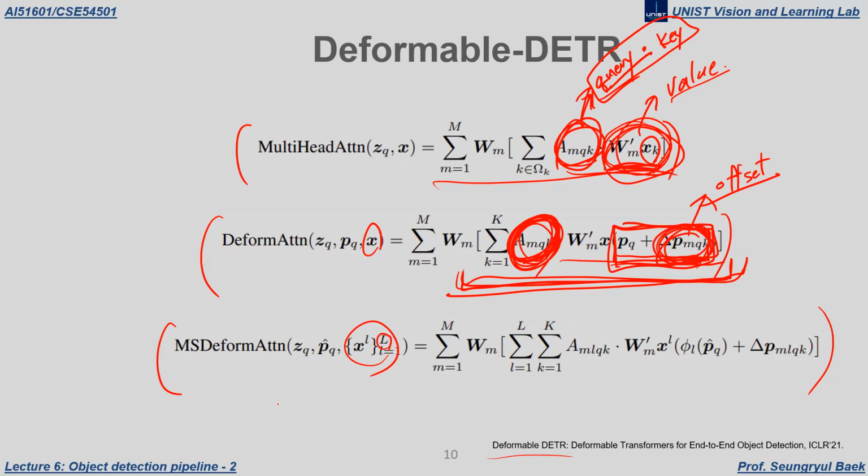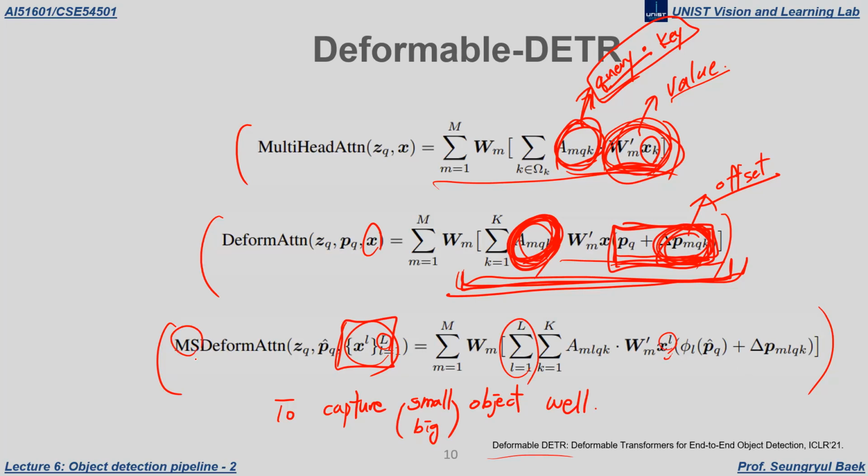Previously, I said to capture a small object and also the big object, objects in diverse scales, we have to encode the feature in multiple scales, okay? So now we are encoding the features in multiple scales, okay? And we have another loop for this L here, right? So this is called the multi-scale deformable attention mechanism, okay?